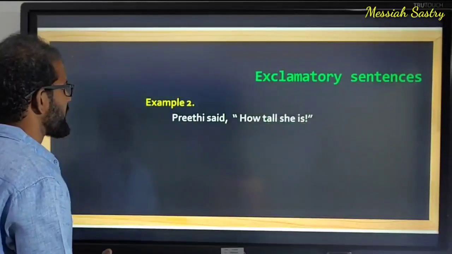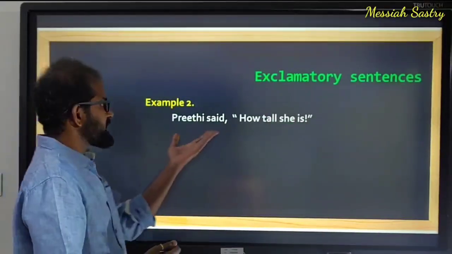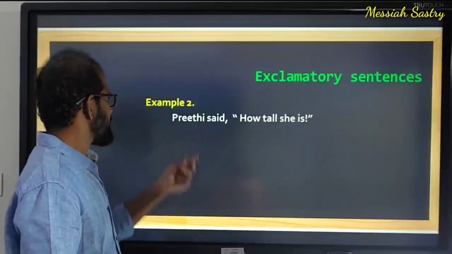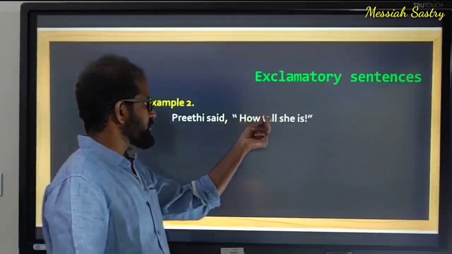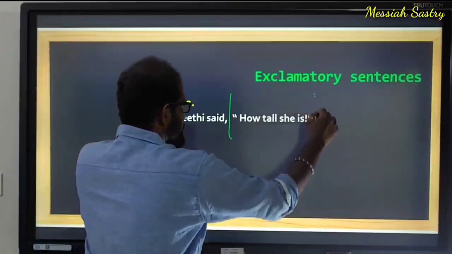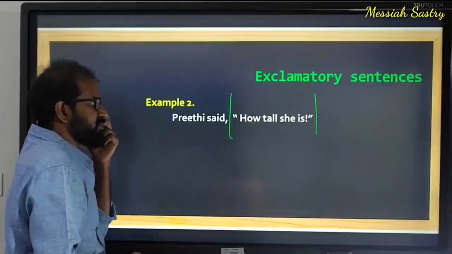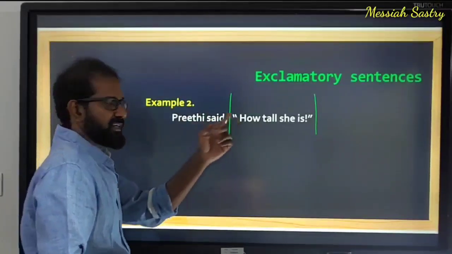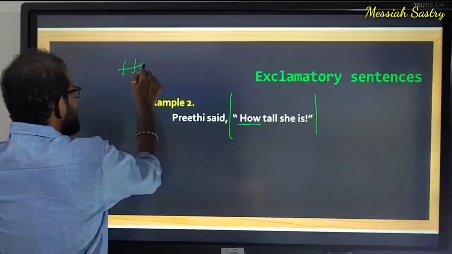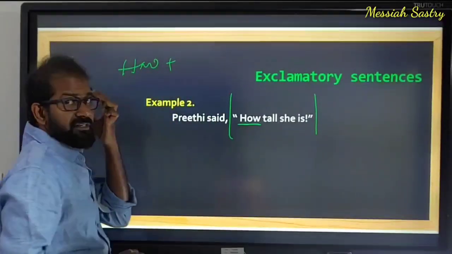Let's take another example. Preeti said how tall she is. Now here the sentence in inverted commas is how tall she is. What kind of sentence? The sentence begins with how. How is a question word. But let us see whether there is an inversion or not.